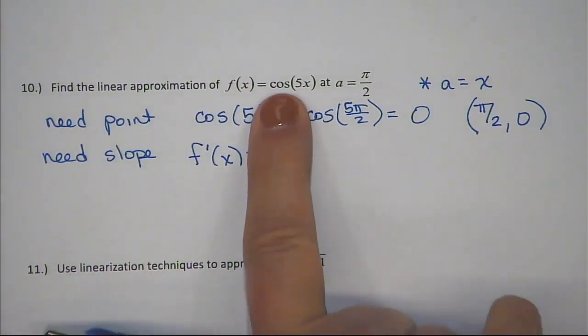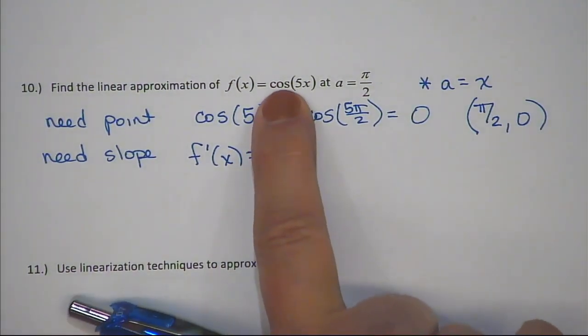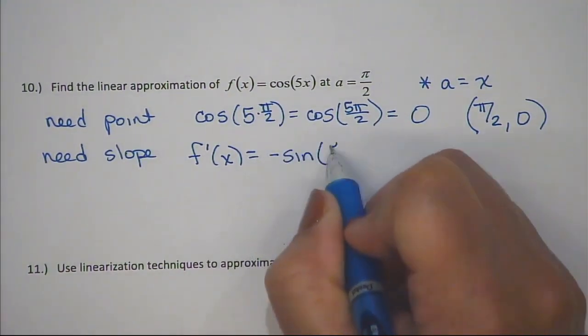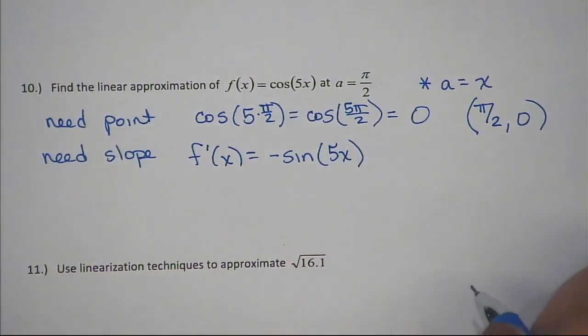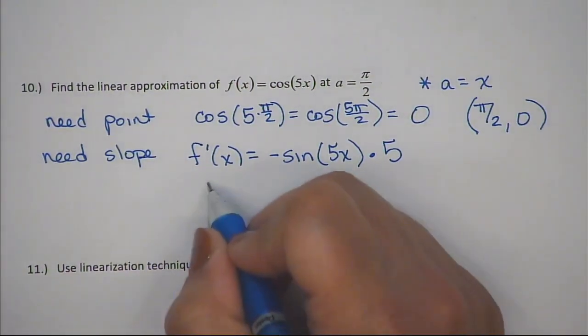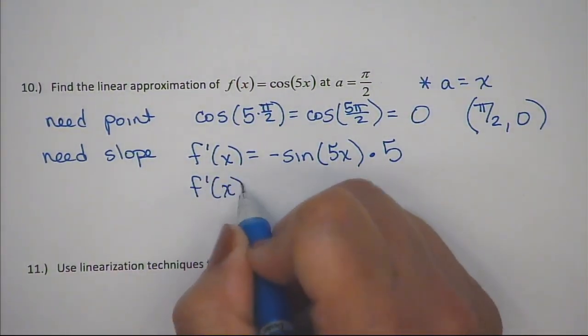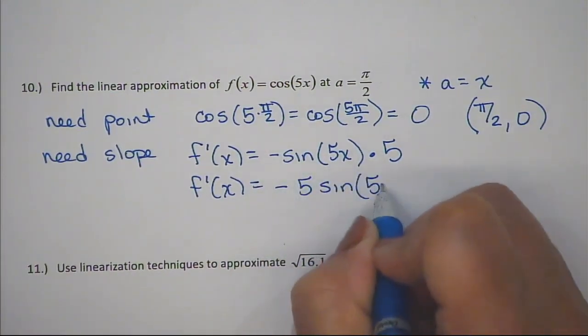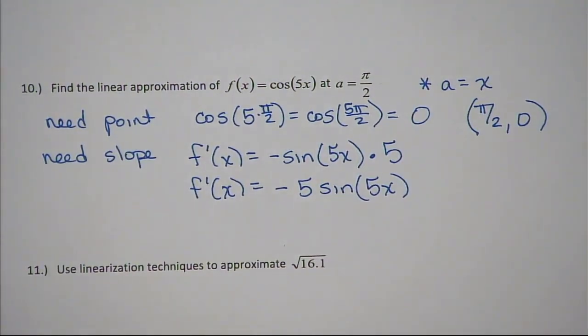Chain rule. So derivative of the outer function cosine is negative sine. Leave the inside alone. Times the derivative of the inside, which is 5. So let's clean that up a little bit. So that is negative 5 sine of 5x. All right, so we're going to plug pi over 2 into the derivative and solve that for the slope.